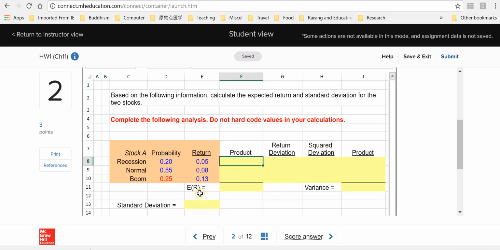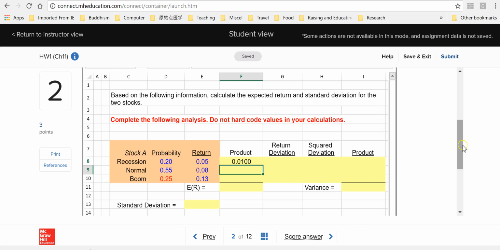In order to calculate the expected return, we multiply the probability by the return, and then we sum up the different states. Under the recession, we put the equal sign, and that equals probability times return.